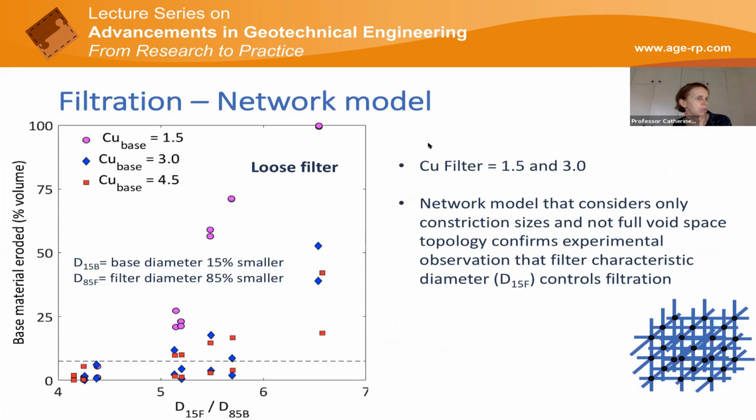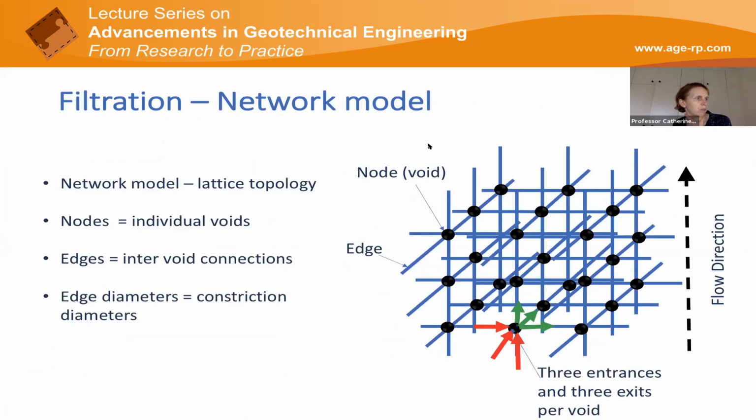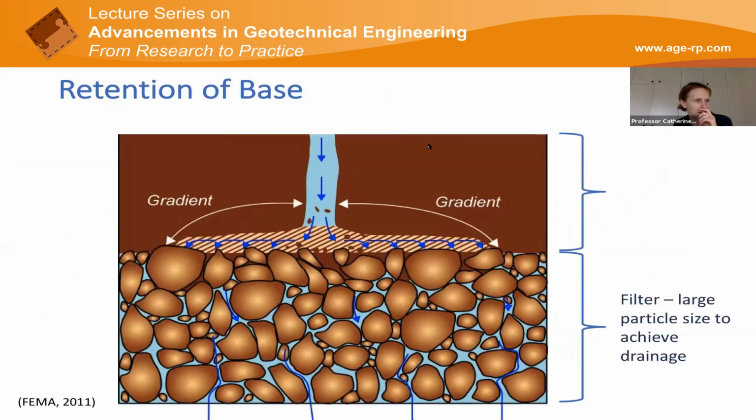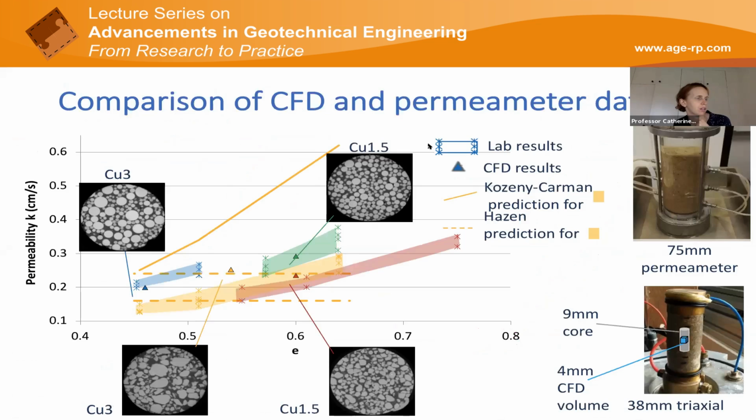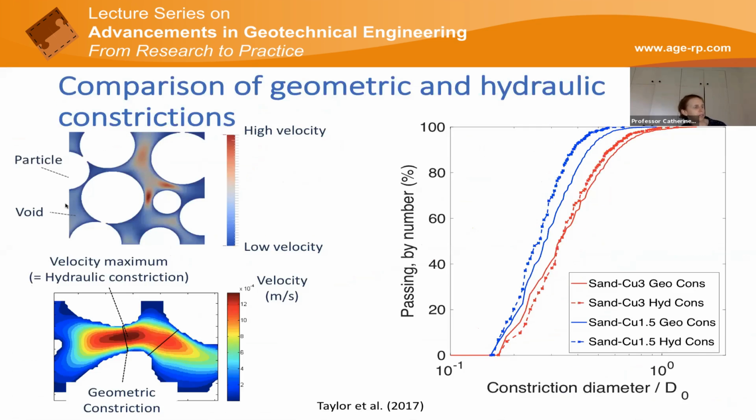And you've just got to go into this idea of a representative element volume, as you have if you're looking at contact forces or anything at the particle scale. I mean, this is the image I wanted to show. So you can see here that there's a very big variation in velocity, even in this very simple material. So it's very heterogeneous. But if you're trying to say something, you just need to make sure that the sample size you're looking at is representative.